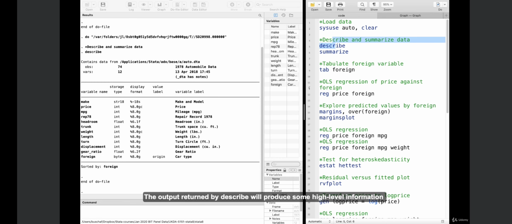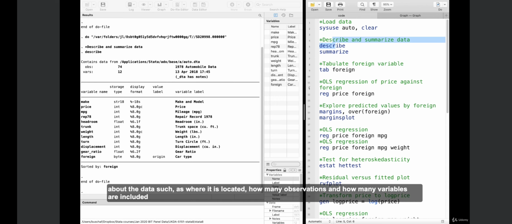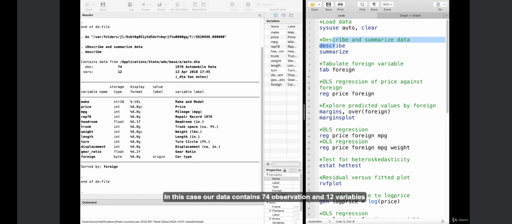The output returned by describe will produce some high-level information about the data, such as where it is located, how many observations, and how many variables are included. In this case, our data contains 74 observations and 12 variables, so it's not very big.